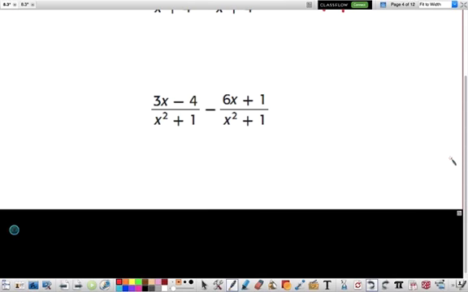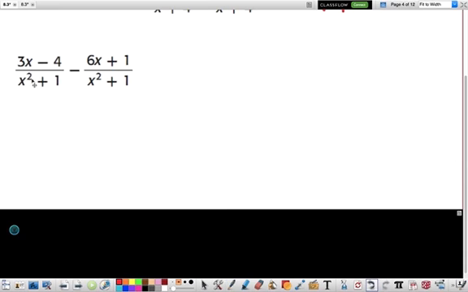Okay. Can I add these two? Yep. So add those two. Don't forget to distribute the negative. This negative is saying that's going to turn negative, and that's going to turn negative.